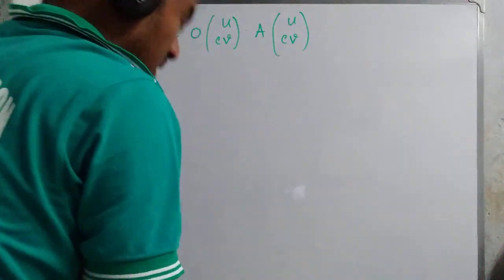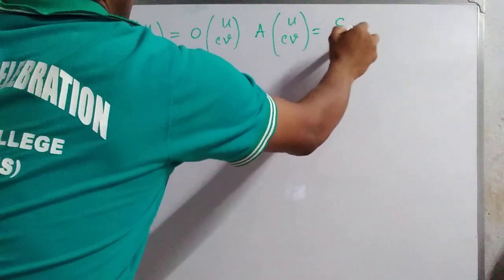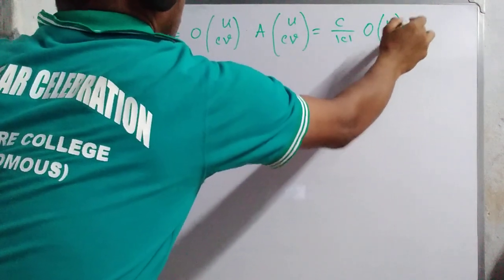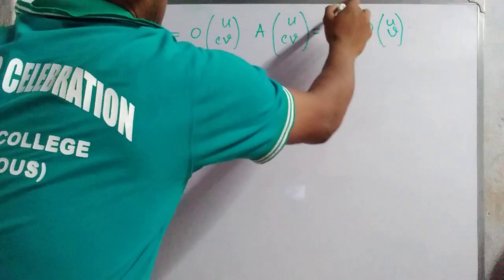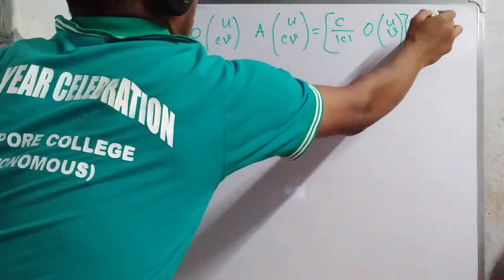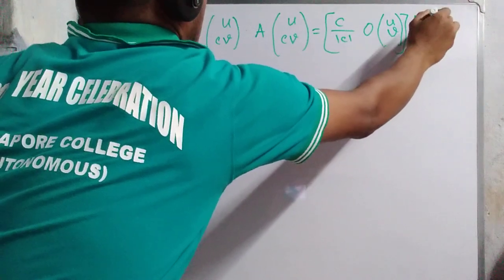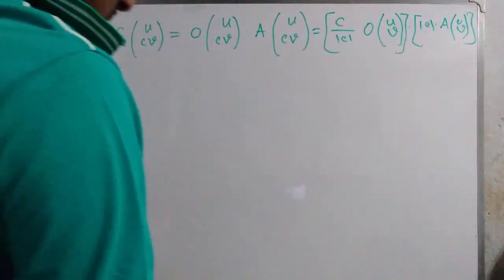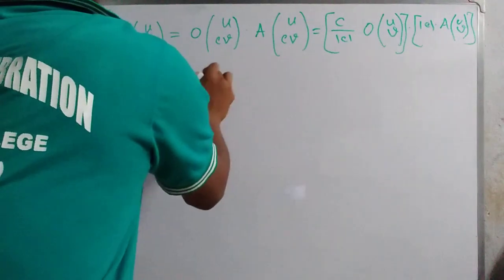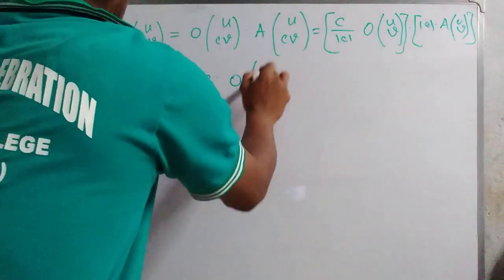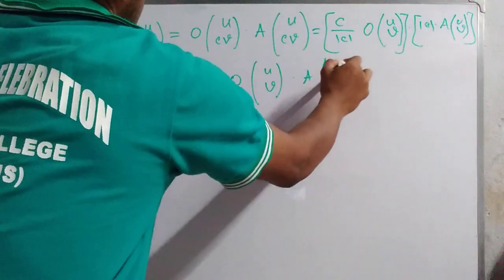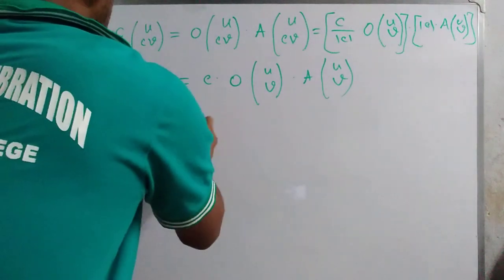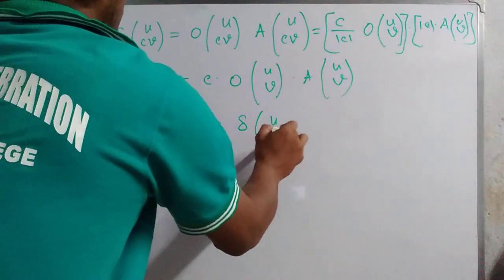Equal to C over modulus C times the orientation of (U,V), and this one equal to modulus C times A(U,V). Then this one equal to C times the orientation of (U,V) times the area of the parallelogram with adjacent sides U and V, which equals C delta (U,V).